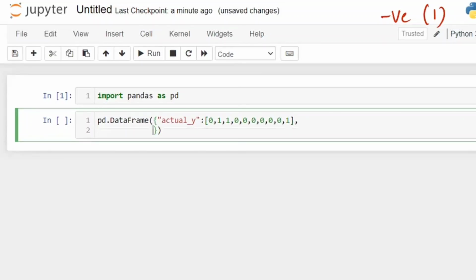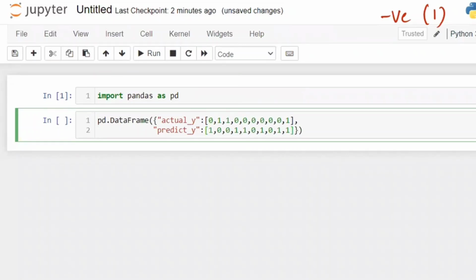Now predicted y. The second one is predict_y, which is the column name. Now tell me the values. 1, again 1, fifth one is 1, fifth one is 0, 1, 1.